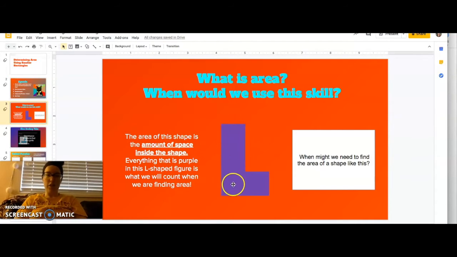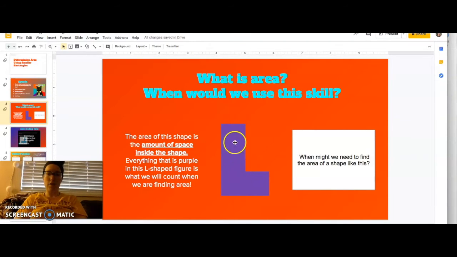The area of this shape, or any shape, is the amount of space inside the shape. So in this case, everything that is purple in this L-shaped figure is what we would count when we were finding area, okay? Remember, this is not perimeter. Perimeter is the outside of a shape.